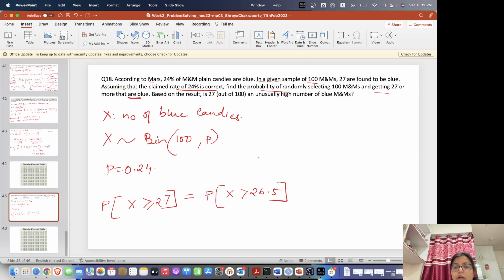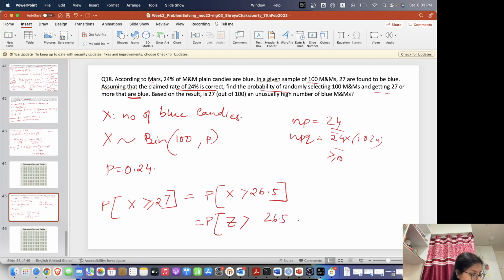Here again, for a normal approximation, np is 24 and npq is 24 into 1 minus 0.24, which is also greater than 10. So this can be written as Z greater than 26.5 minus 24 by square root of 24 into 1 minus 0.24.